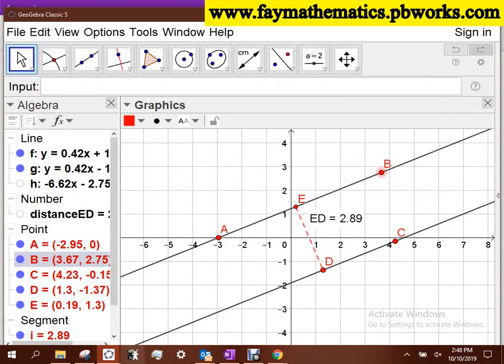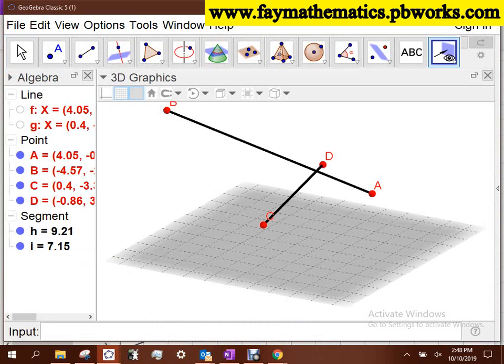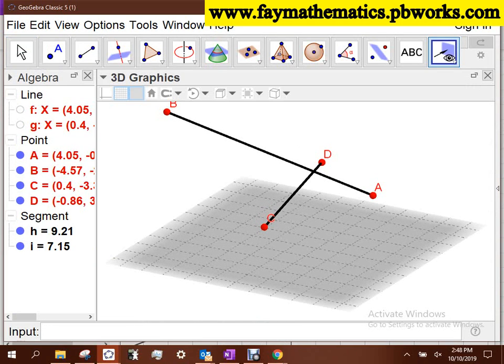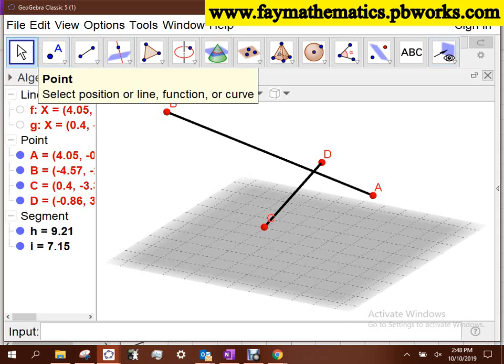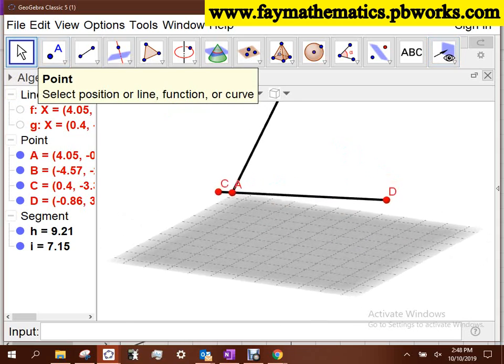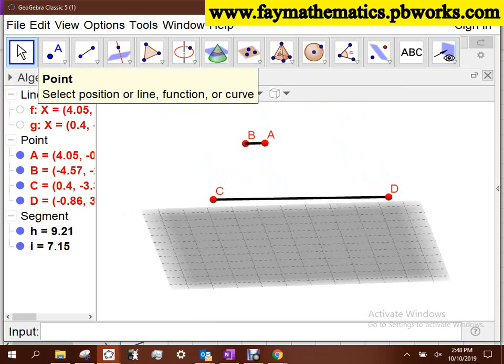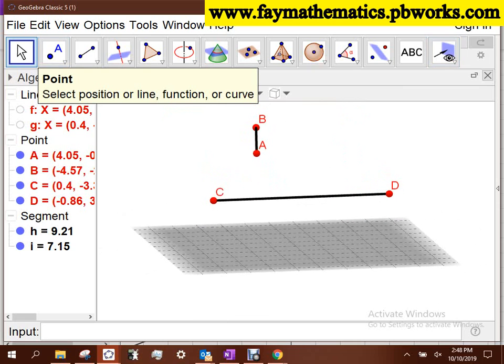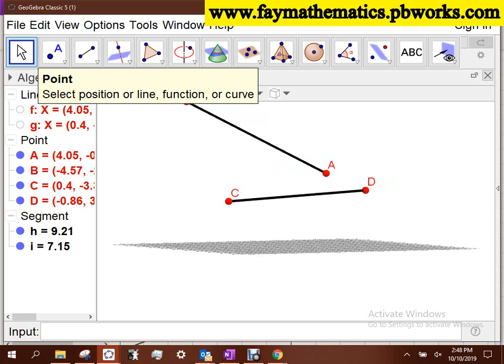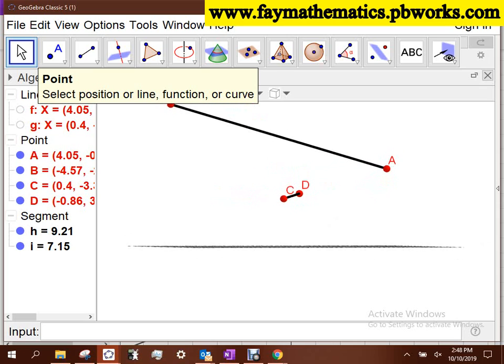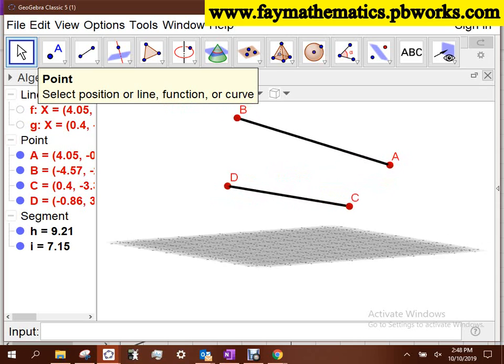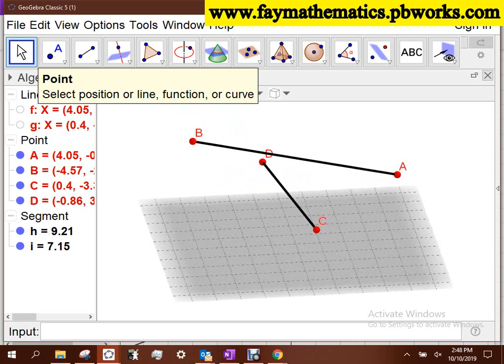And what I mean by that is if I were to look at these two lines, now I'm in three-dimensional space here. And if I start to rotate this, you can kind of see how one of them's coming right at you right now, right? That A to B is coming right at you, C to D is going left to right. Or if I do this, the CD is coming at me, and the other one's going left to right. But those two lines, would you agree they never intersect?